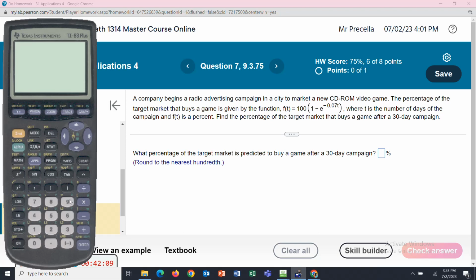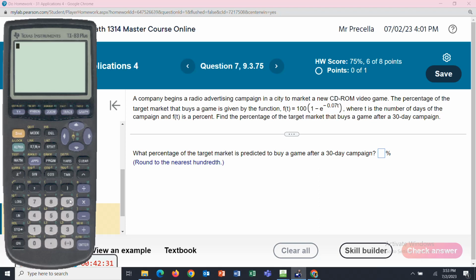Negative 0.07t, where t is the number of days of the campaign, and f of t is the percent. So when you plug in a number for t, it's going to give you the percent. Find the percent of target market that buys a game after a 30-day campaign.